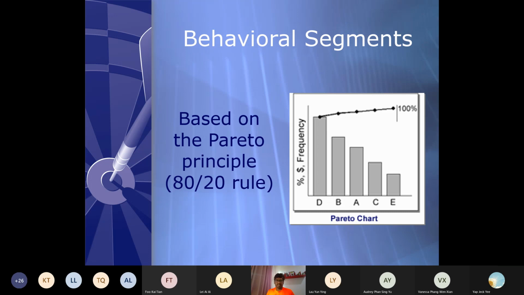The behavioral segment is the most common factor or parameter used in pharmaceutical companies also, using this 80/20 rule. According to this Pareto principle, which states that for many outcomes, roughly 80% of the consequences come from 20% of the causes. So in other words, a small percentage of the causes have an outsized effect.